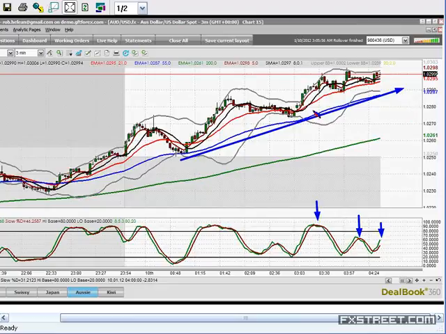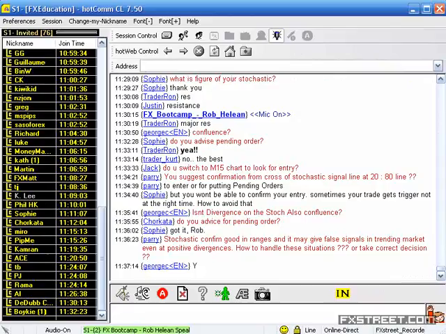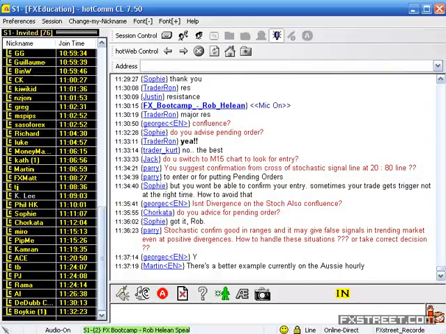George is asking, isn't that an indicator that things are going to roll over? Is that what you're asking, George? It's not a confirmation in my mind, but it's another indication that things are going to roll over.